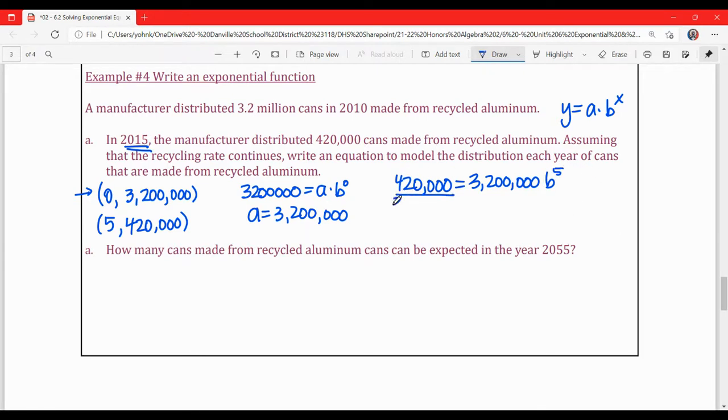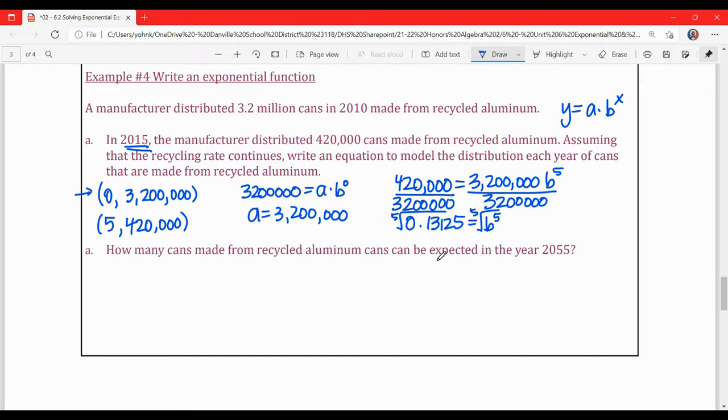I can divide both sides by 3.2 million. And that's going to give me 0.13125 equals b to the 5th. To get rid of the 5th power, I can take the 5th root of both sides.